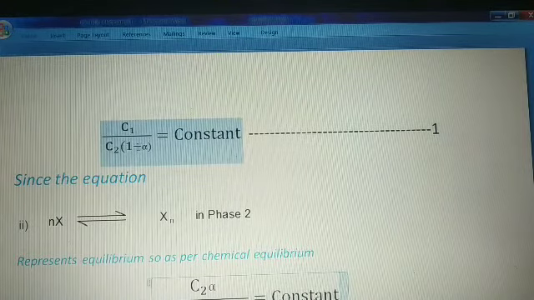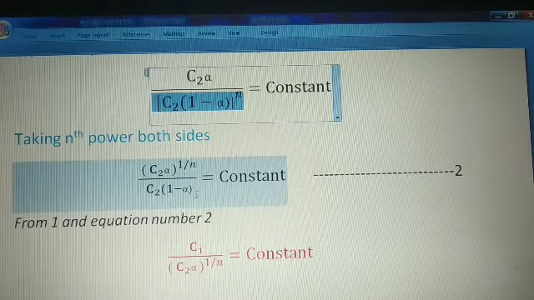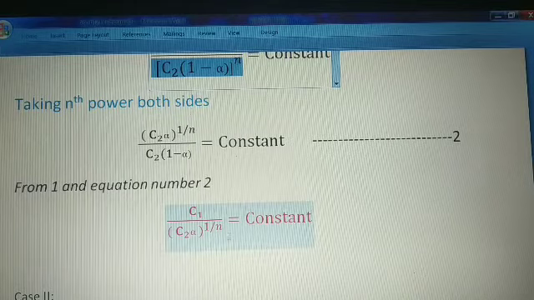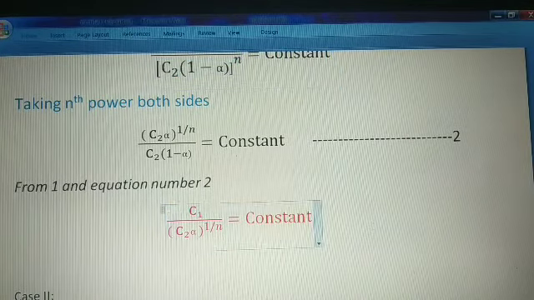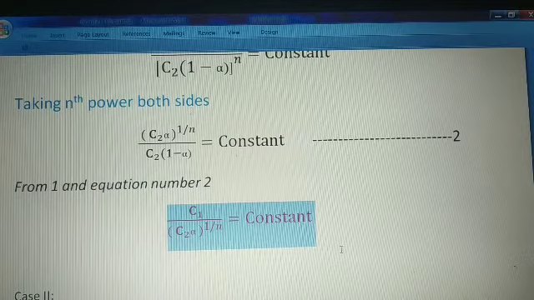The denominator contains C2 into 1 minus alpha in both, so eliminating it from 1 and 2, you get C1 divided by C2 into alpha raised to the power 1 by n, equal to a constant. So that is the Nernst distribution law whenever there is association between the molecules in one of the solvents.